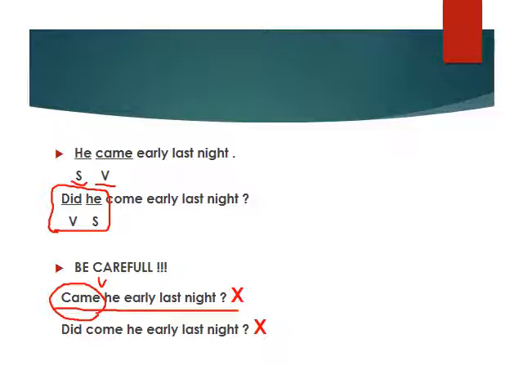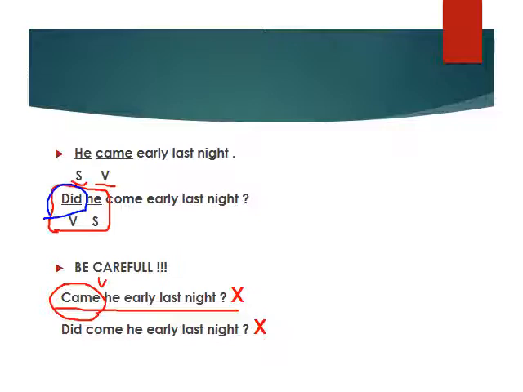When there is no helping verb in the sentence and we need to form a question, we go to the verb to do and choose the suitable form from the three: do, did, and does, based on the tense of the sentence. Since this sentence is in the past, the best helping verb is did. So: did he come early last night?